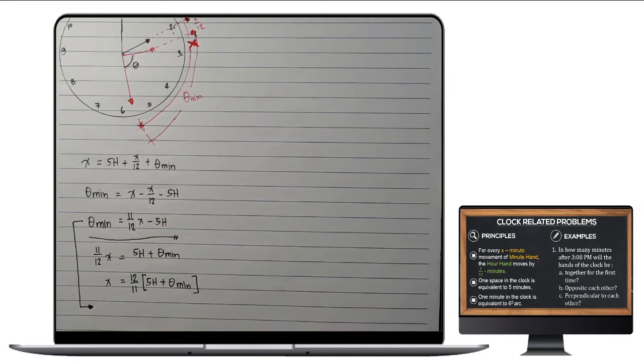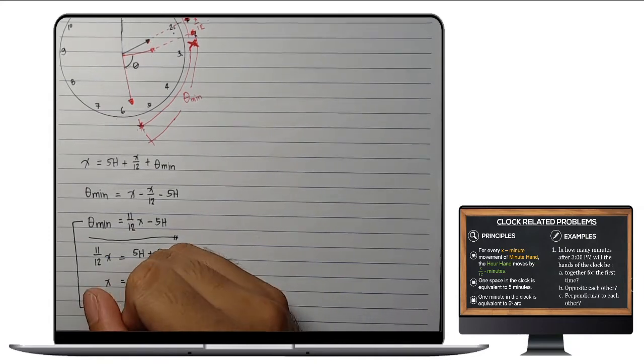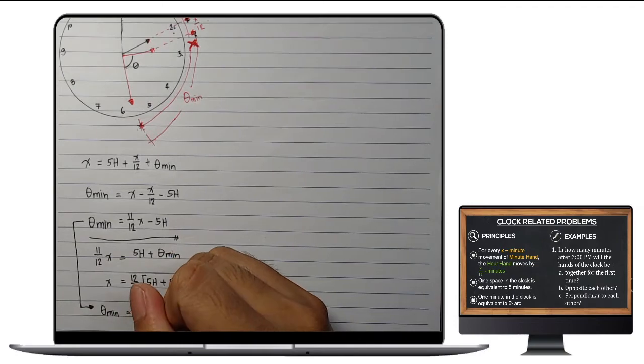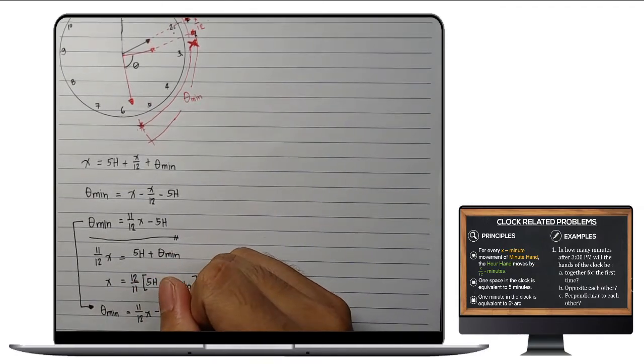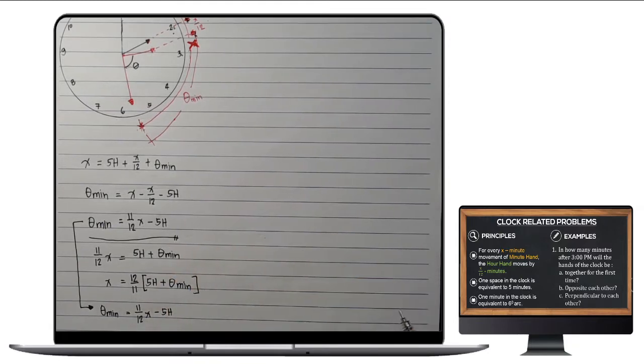Okay? So, what will happen if our angle is in degrees? So, our theta in minutes is equal to 11 over 12x minus 5h. Take note that the units of this are in minutes, this one is in minutes, and this one is in minutes. So, let's convert.